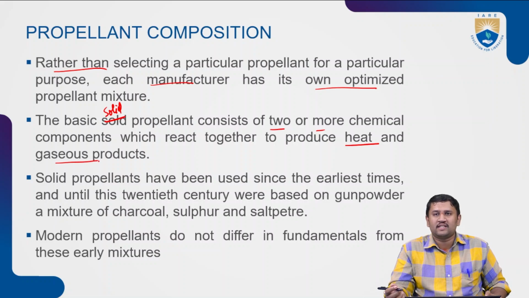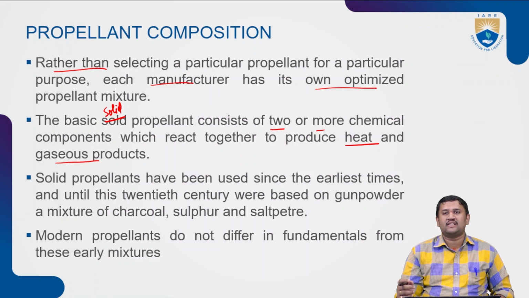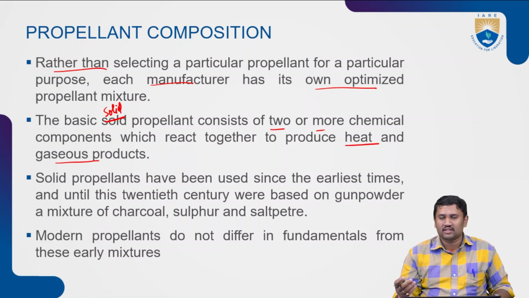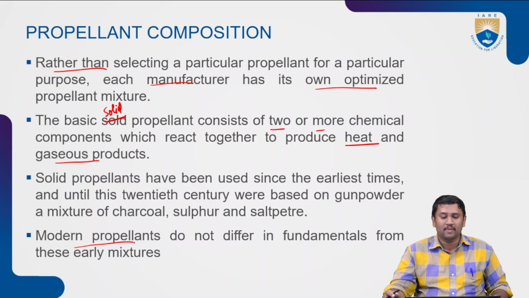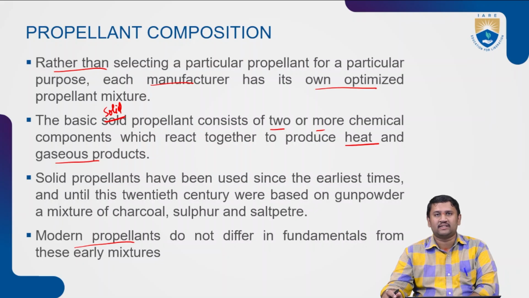Solid propellants have been used since the earliest times, and until the 20th century, they were basically gunpowder, a mixture of charcoal, sulfur and saltpeter. And modern propellants do not differ from the fundamental form of these early mixtures.